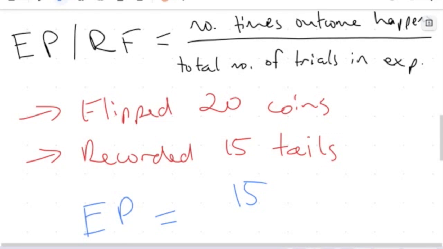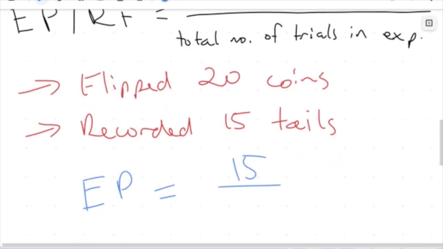So my outcome here was getting a tail over the total amount of times we flipped the actual coin, which is 20. Now this is 3/4.